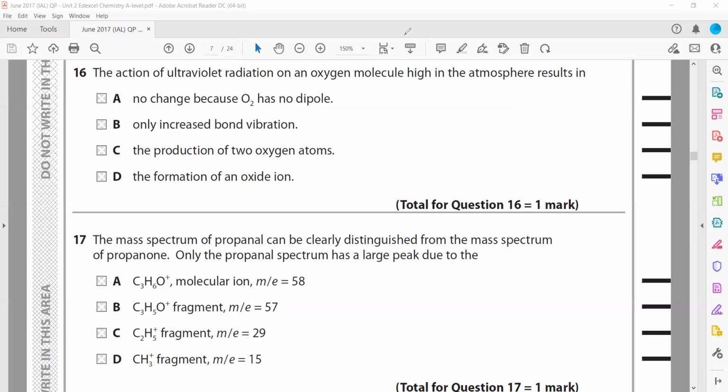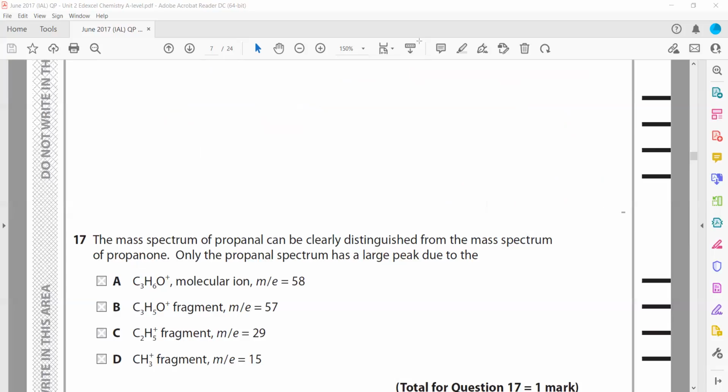When we break the structure, propanal is CH3, CH2, C double bonded with O, H, and propanone is CH3, C double bonded with O, and CH3.